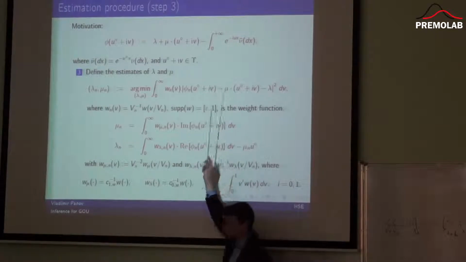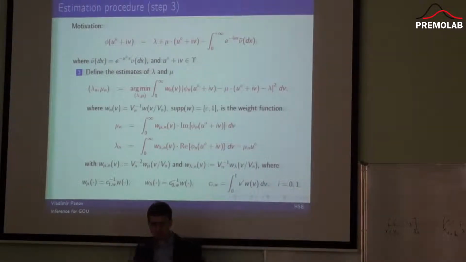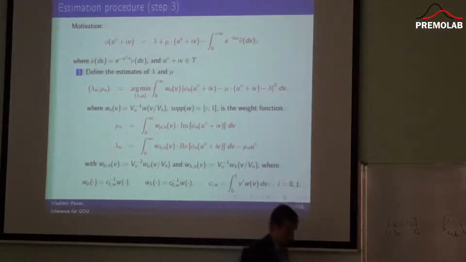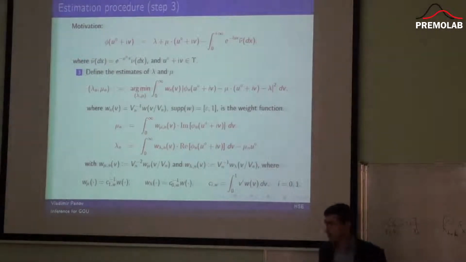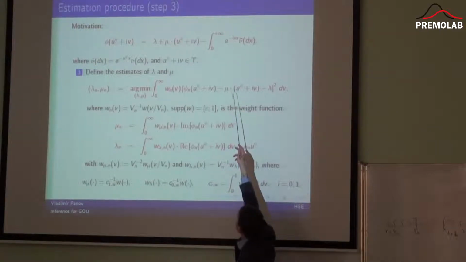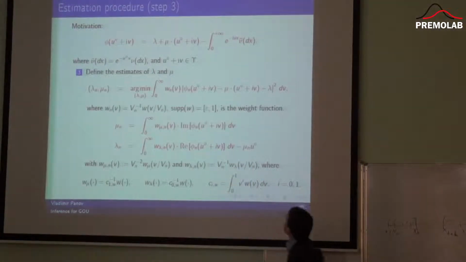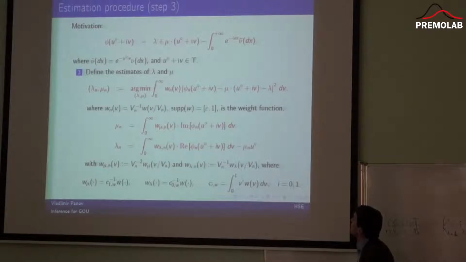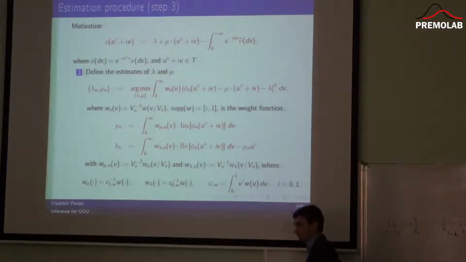The first part is a linear function of v, and the second one is nothing more than the Fourier transform of the measure nu bar taken at the point minus v.